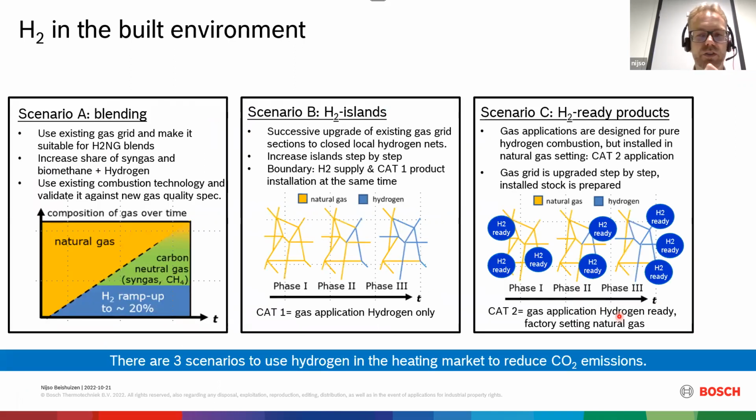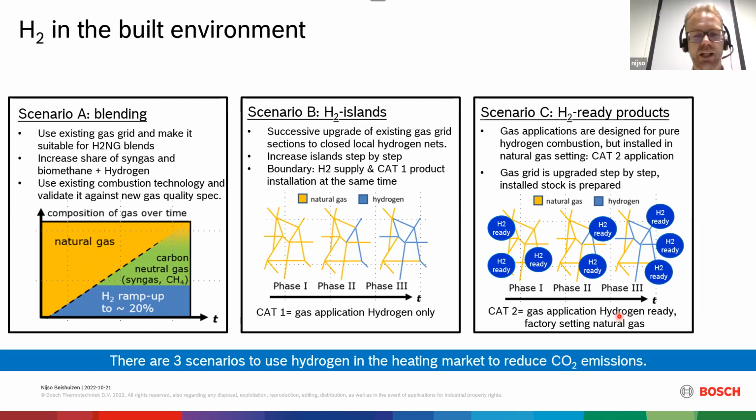Now, 3 main scenarios have been identified to introduce hydrogen for heating. In scenario A, called blending, hydrogen will be added to the existing gas grid. And over the course of time, the hydrogen concentration can be increased to what existing appliances can handle. And in scenario B, hydrogen islands will be created, where a part of the gas grid is upgraded to a close to 100% hydrogen net.